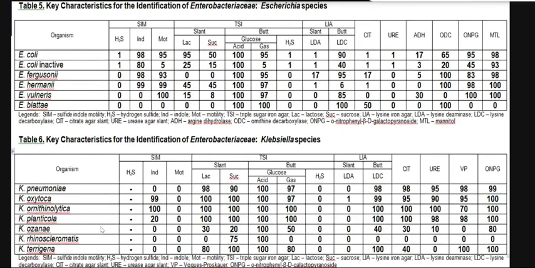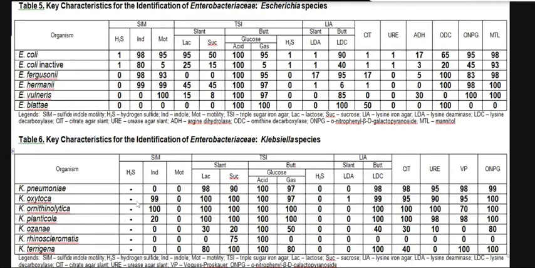Okay. A good note to consider when differentiating Klebsiella pneumoniae and oxytoca: oxytoca is a common nosocomial infection, particularly in neonatal intensive care units. How do we differentiate this one? We look at the indole test.